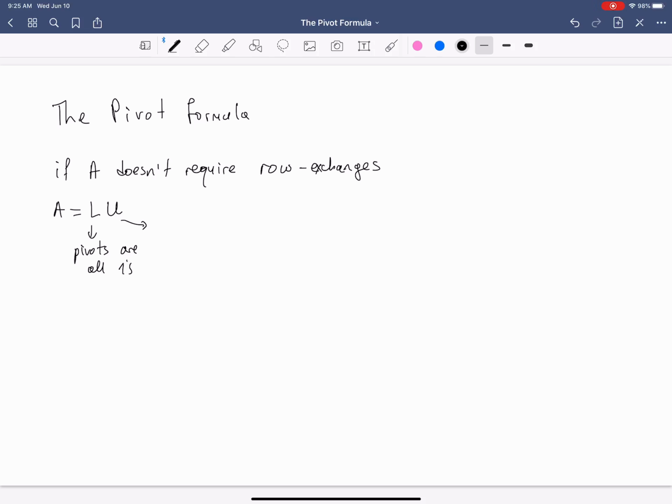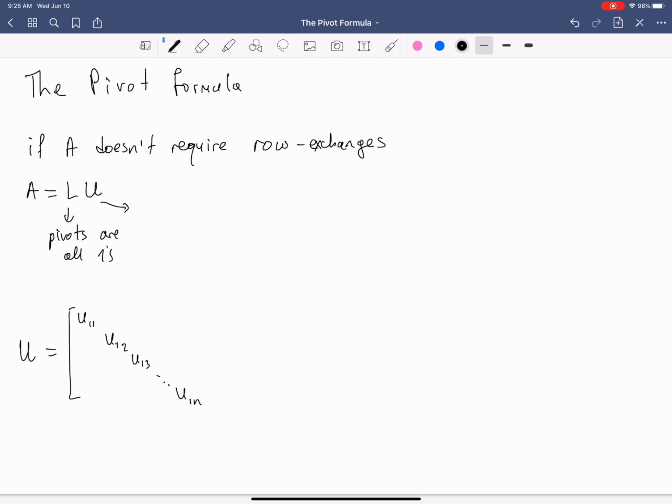Now, what is interesting is, let me take an example of a matrix U, which will have U1,1, U1,2, all the way to U1,3, and then U1,n. Oh, sorry, this should be 2,2, 3,3, and n,n. These are the diagonal terms. We have something over here which is not necessarily 0, and we have 0 over here.